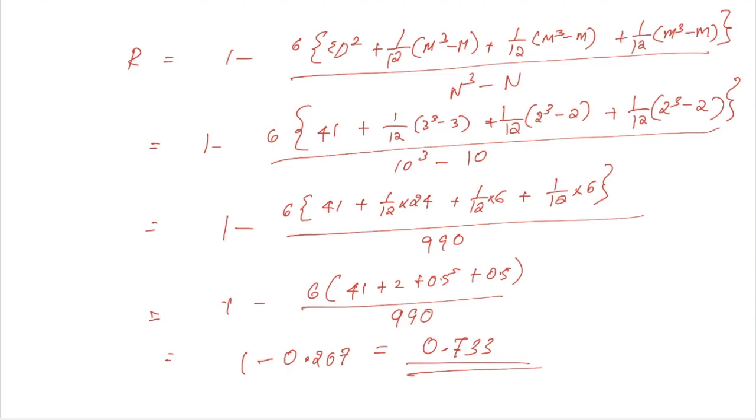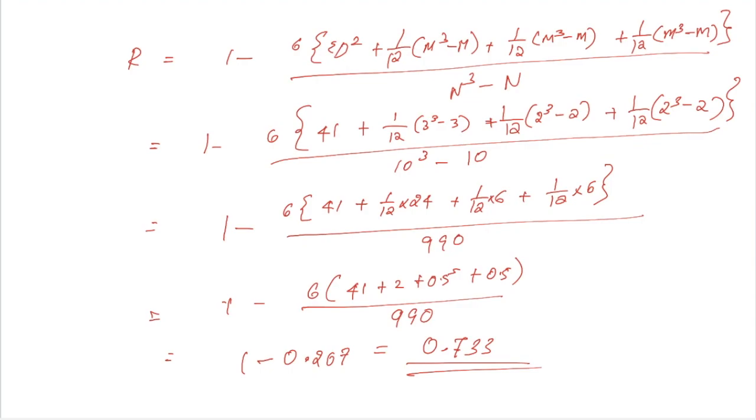Here it will be 2 cube minus 2, plus 1 divided by 12 into, again 60 repeated 2 times, so we will be taking 2 cube minus 2. Okay, close the bracket, divided by n cube minus n, where n is the number of pairs, which is 10, so the value will be 10 cube minus 10.